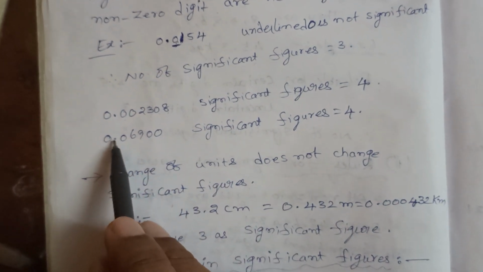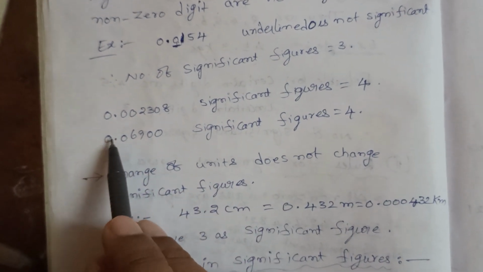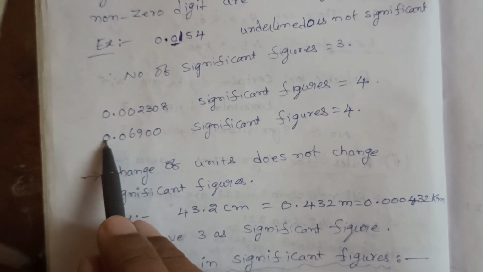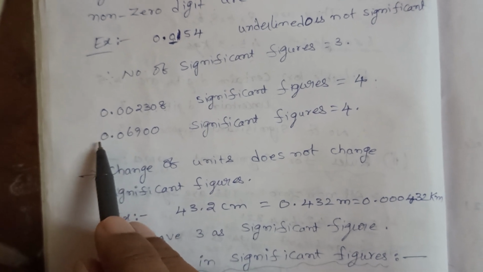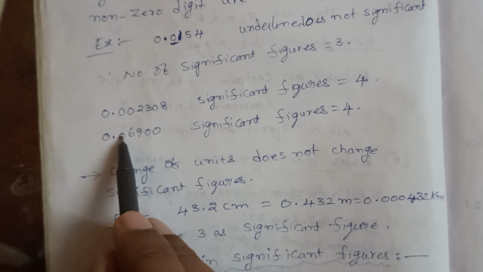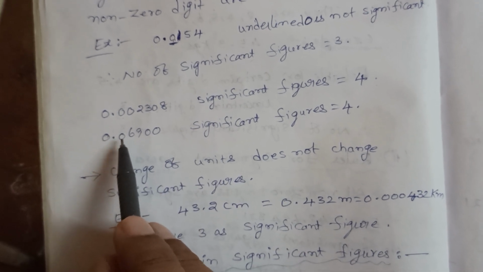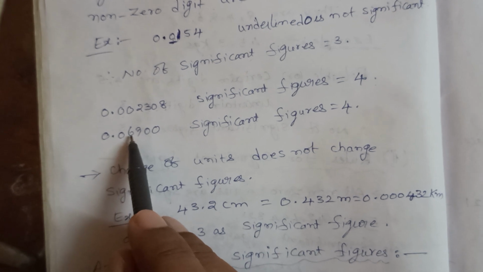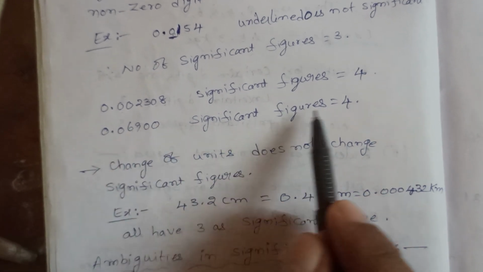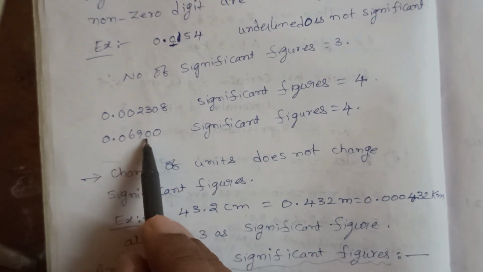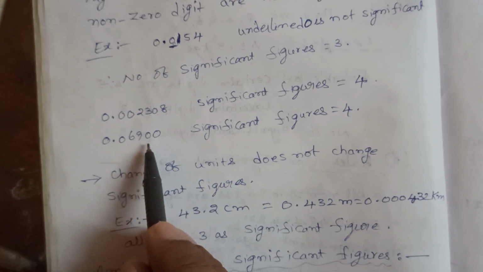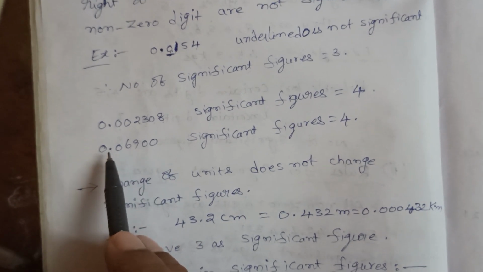One more example, this number is also less than 1 because before the decimal we have nothing, meaning only 0 is present. So after the decimal this 0 is not considered for counting significant figures. So here significant figures 1, 2, 3, 4. 4 significant figures. Why are these two zeros considered? Because here the decimal point is there.